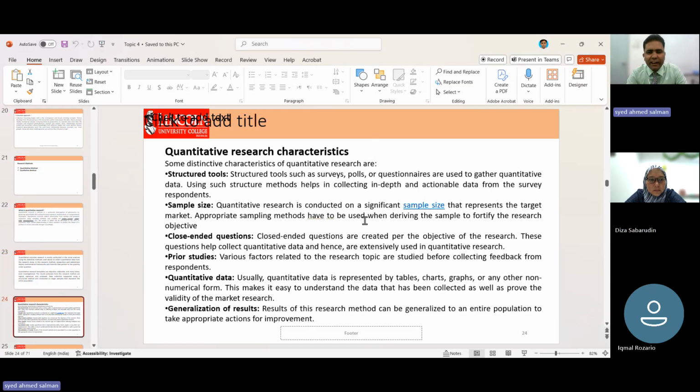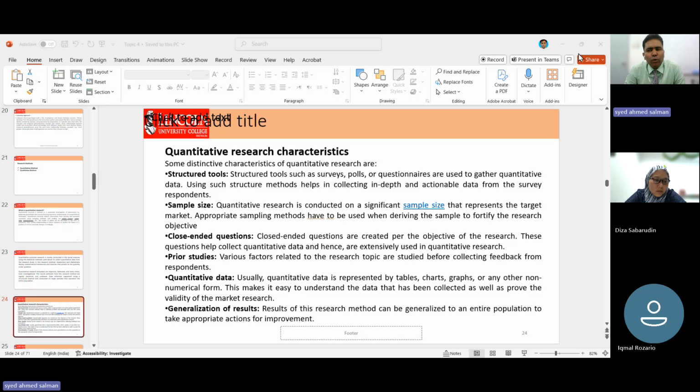Quantitative research characteristics. Some distinctive characteristics of quantitative research are structured tools, sample size, close-ended questions, prior studies, quantitative data, and generalization of results.